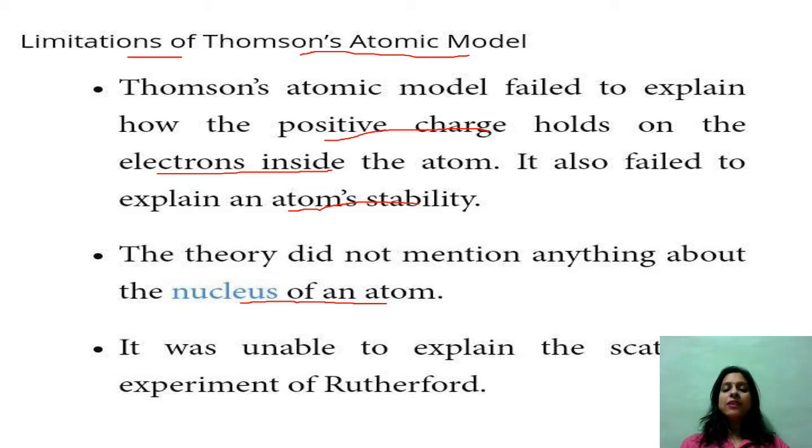model. Apart from that, Thomson was unable to explain the scattering experiment of Rutherford, that is, why a few particles just cross the gold foil, whereas a few particles just revert back or come back in the opposite direction, and a few particles deviate their path when moved through a gold foil.